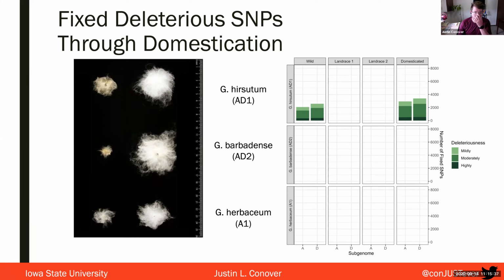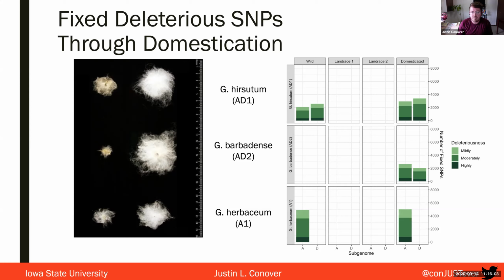really all that impressive. If you look at Gossypium barbadense, we don't have any wild individuals of that in this study. And so the numbers of fixed deleterious alleles in the domesticated is about the same roughly as in hirsutum, but you see the trend is flipped where there's more fixed A alleles than D alleles.